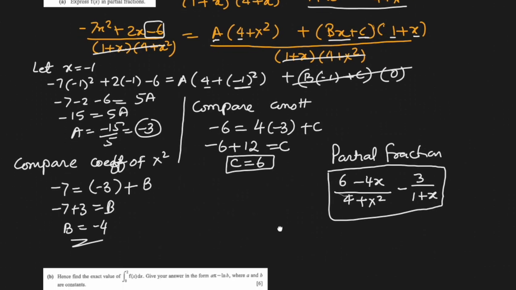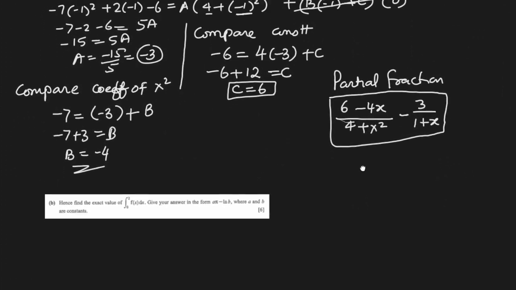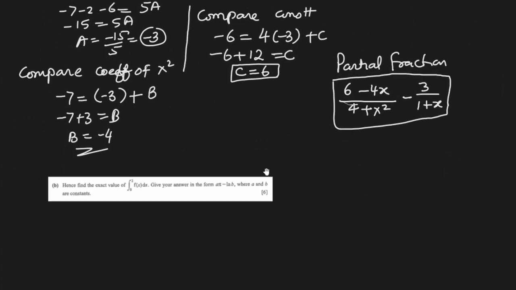What next? Hence, find the exact value of this. Okay, so we have a definite integral on our hands, and the basis is the integration of f(x), which is this. So I will write it here now.